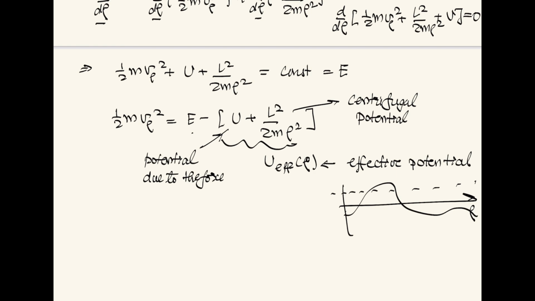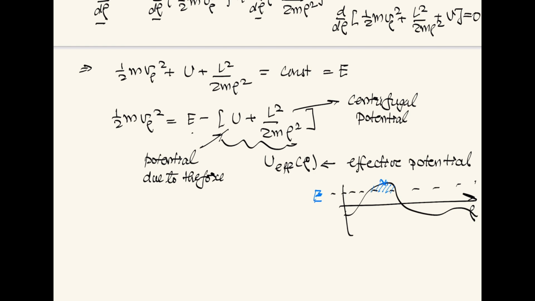Okay, then what does this tell us? If I am present somewhere in this region, for instance, what would happen? I would find that my energy is less than the potential energy.